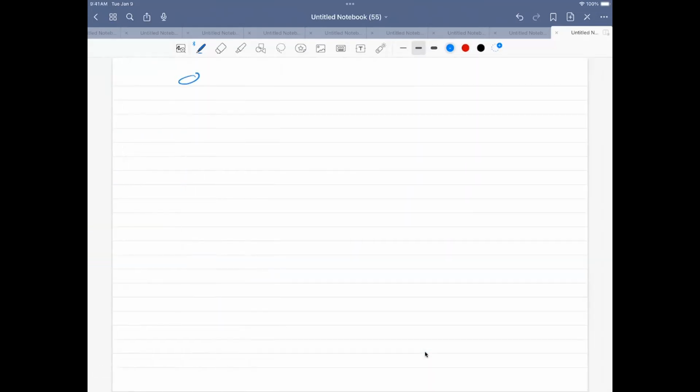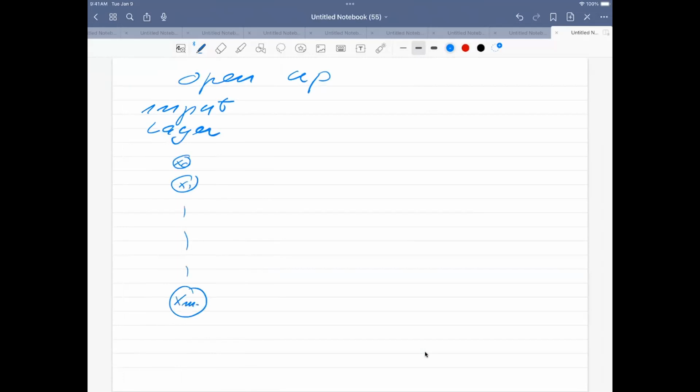So when we open it up, what we have then is an input layer, as you saw from that figure in the slides. So we will have x0, x1, down to some x m minus 1. And then we have the hidden layer. And that can have a given number of nodes here.